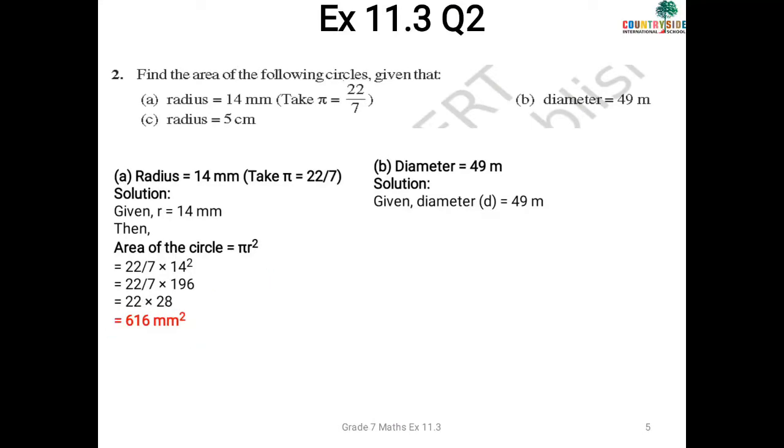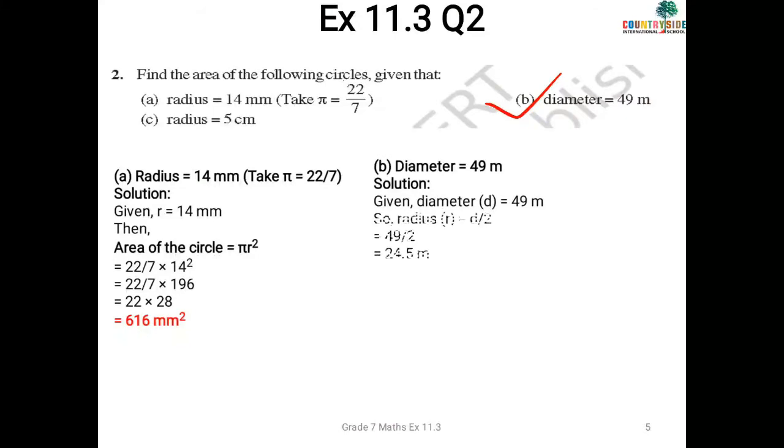Now let's solve the B part. In the B part, the diameter is given to you. You might be wondering, the formula of the circle is pi r square, but here the diameter is given. Scholars, we all know radius is half of the diameter. So 49 divided by 2 is 24.5. So your radius is 24.5.